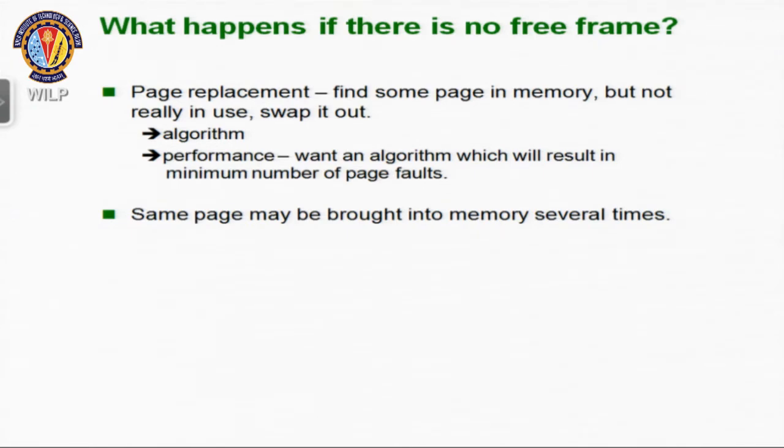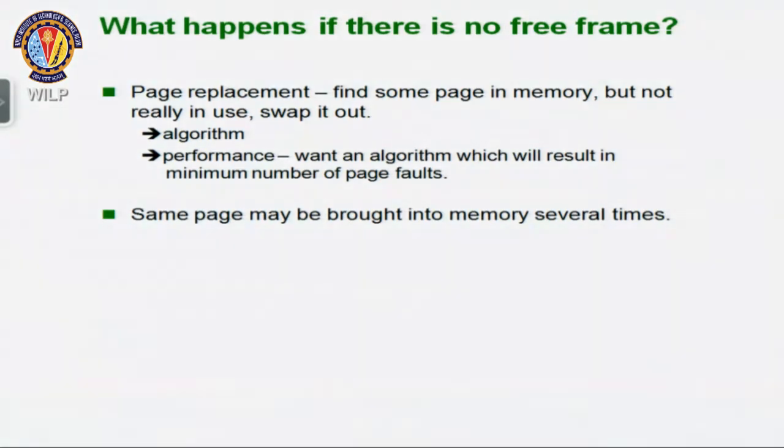So how do I bring in a new page? For this there are frame replacement algorithms, which we call page replacement algorithms. We try to reuse certain frames which have been used earlier and are still not free.